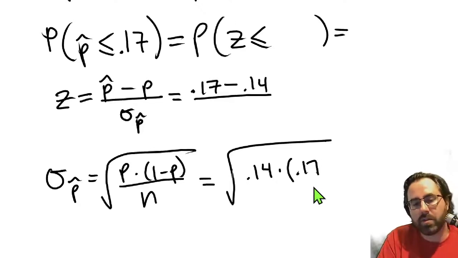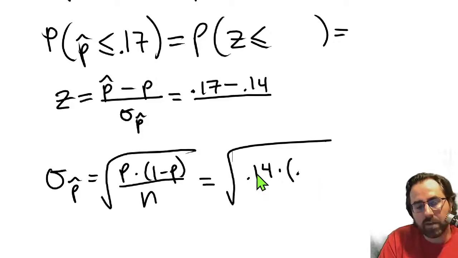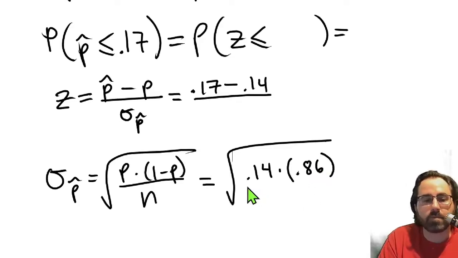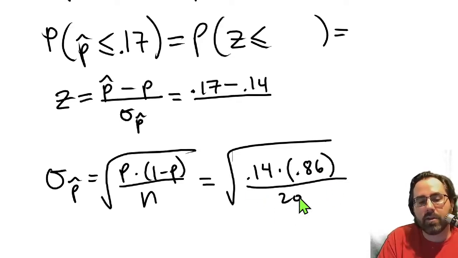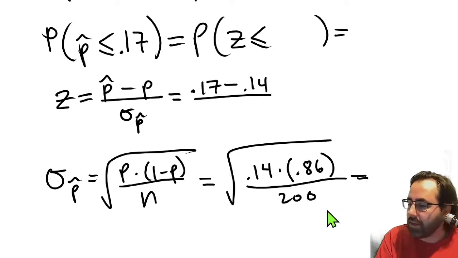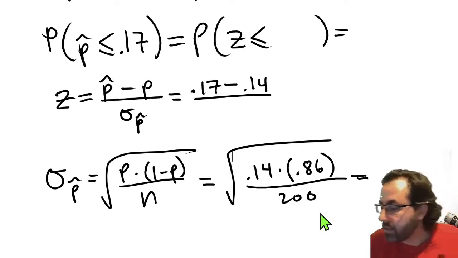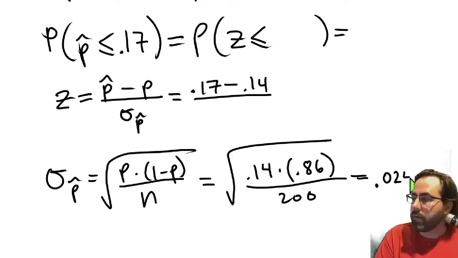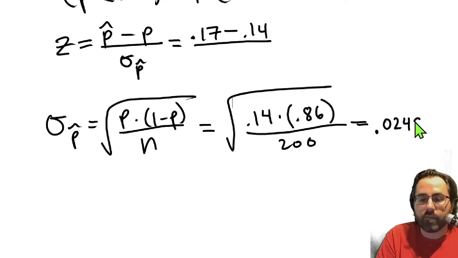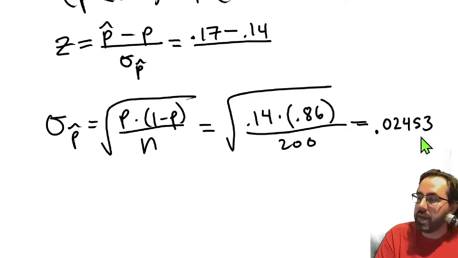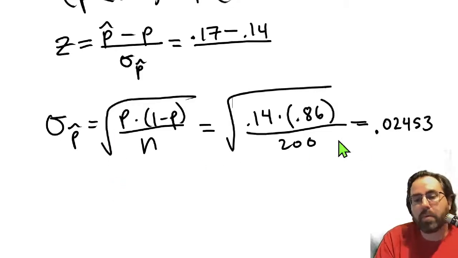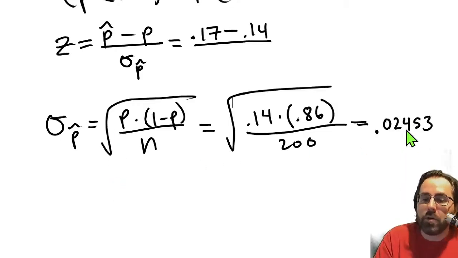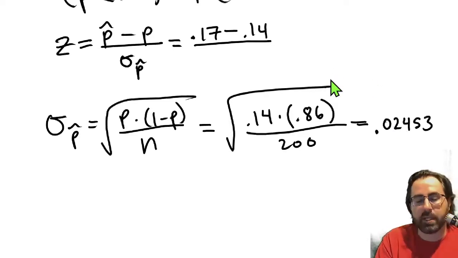You want to make sure that you put the chance of failure right there, and the chance of failure is 1 minus this probability, which would be 0.86, divided by 200. Calculating that, it is 0.02453. That is the standard deviation for the proportions, which means the typical proportion varies by about 2.4% from 14%.